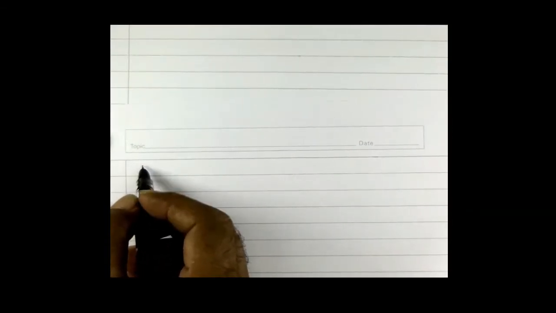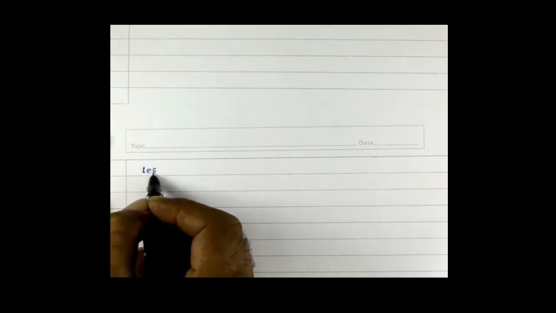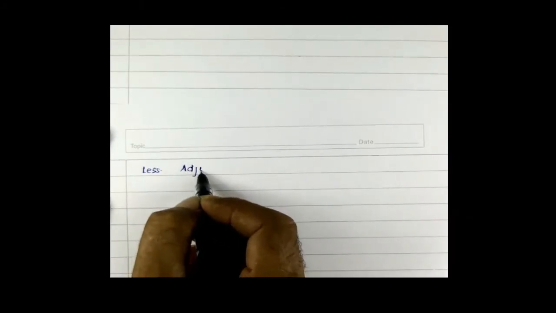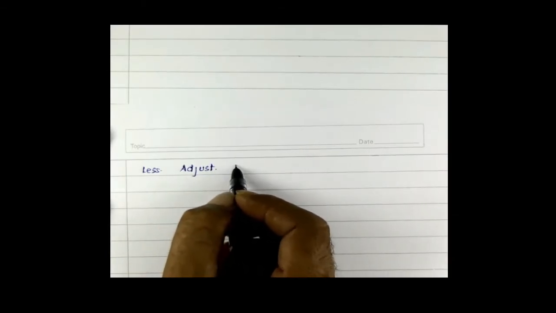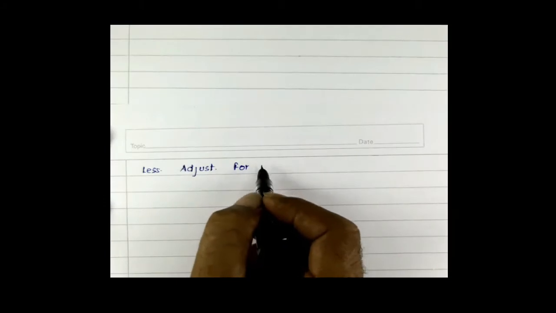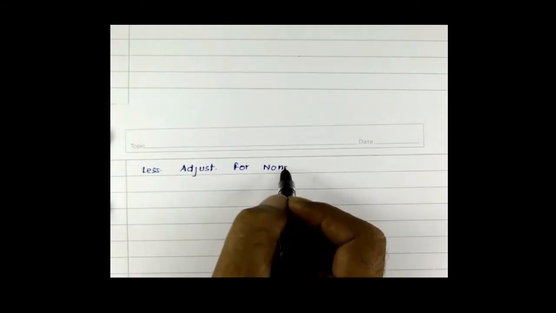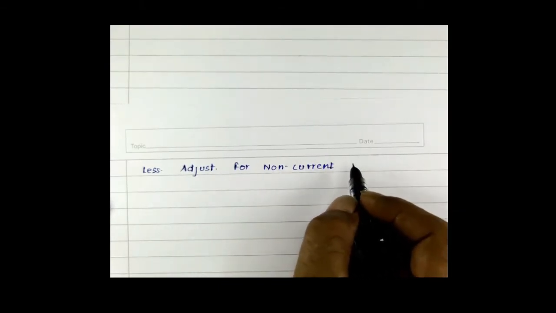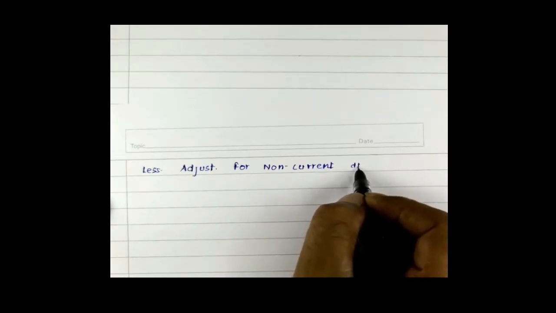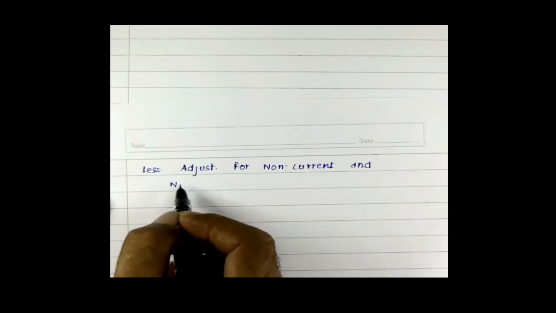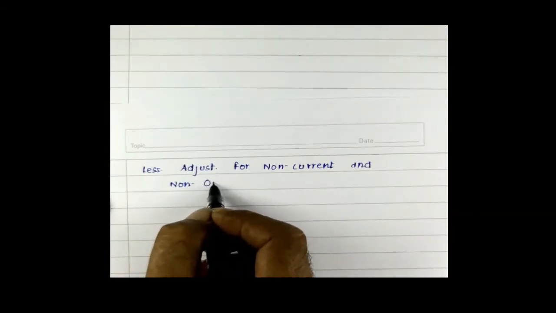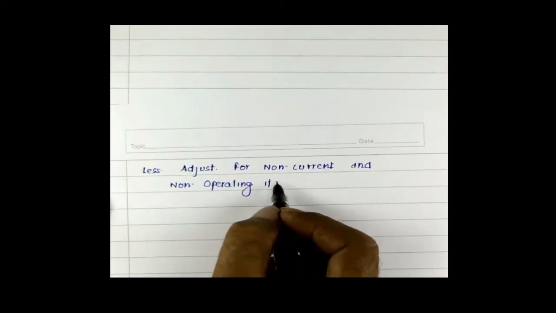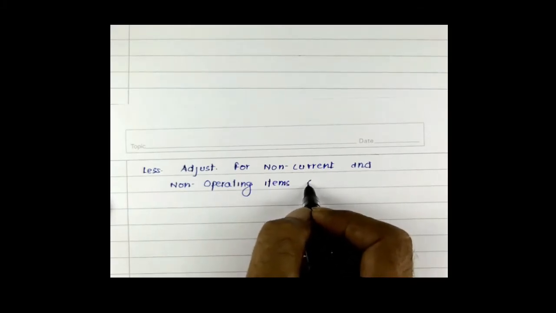Less adjustment for non-current and non-operating items credited to P&L.